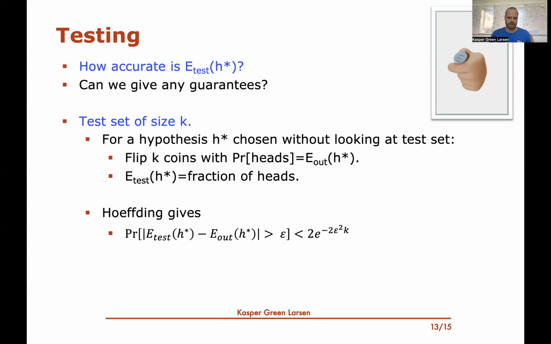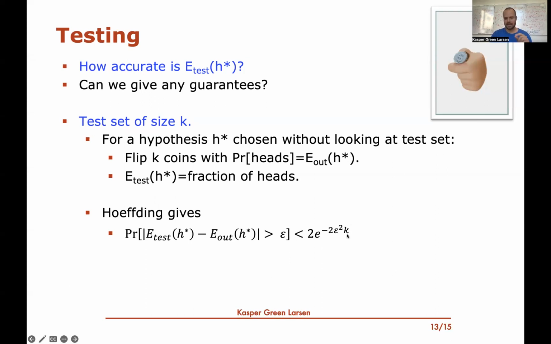Which means we can use Hoeffding's inequality and show that the probability that the test error of the hypothesis learned by the algorithm on the training data is further away from the true outer sample error of that hypothesis than epsilon is no more than what the Hoeffding bound gives us, 2 times e to the minus 2 epsilon squared k.